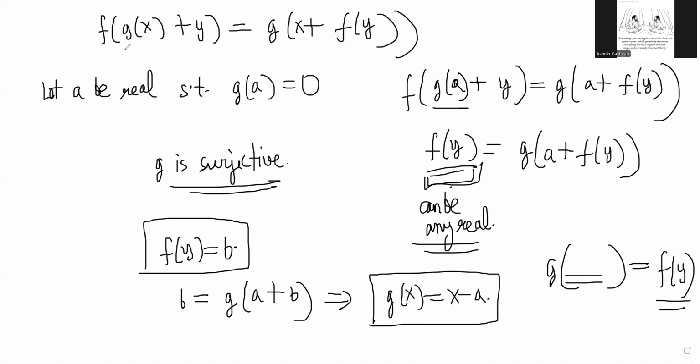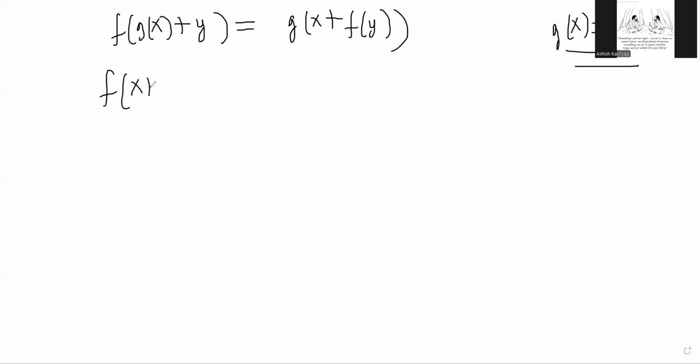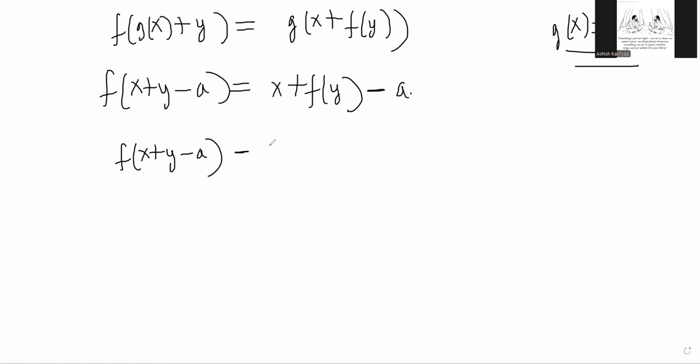And using the original condition here, we can even get the solution for f. So we will say now f of g of x plus y is equal to g of x plus f of y. And we have just now figured out that g of x is x minus a, right? So putting that here, f of x plus y minus a is equal to x plus f of y minus a, right? So we are getting this situation, f of x plus y minus a minus f of y is equal to x minus a.